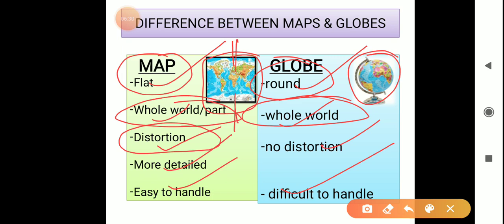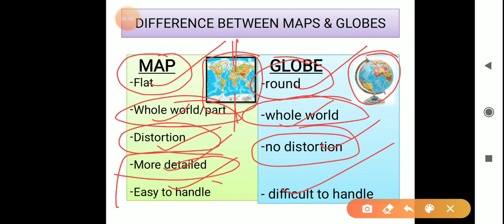There is no distortion on a globe. A map can show more details than a globe can. Globes cannot be carried around easily. Maps can be printed on paper, so they can be folded or rolled and carried around easily. They can also be seen on devices like computers.